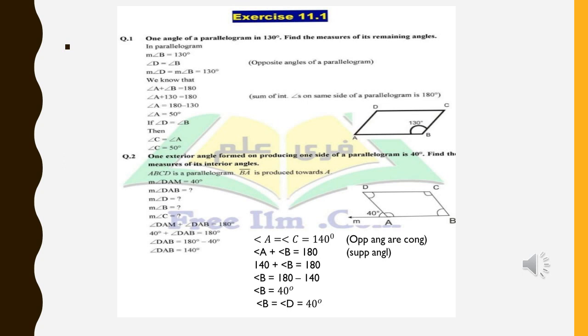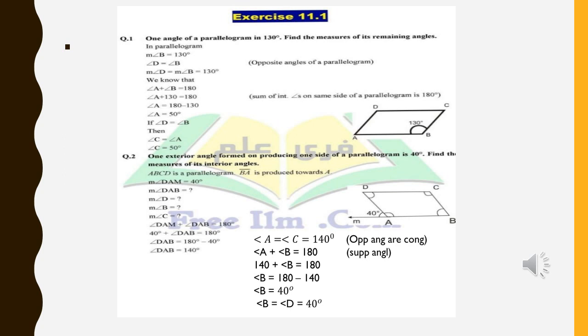By applying the property of the parallelogram, opposite angles are equal. The opposite angle of B is D, so the values of angle B and angle D will be the same. So angle D is equal to 130. Now we have two angles of the parallelogram. Now apply the next property: consecutive angles are supplementary.